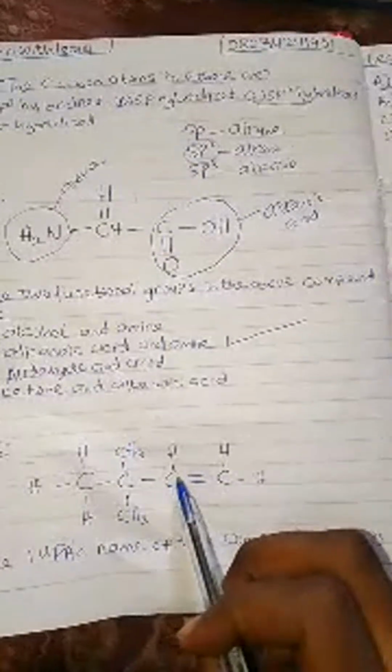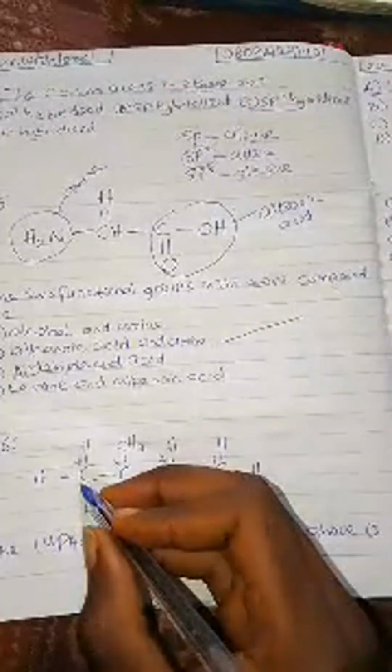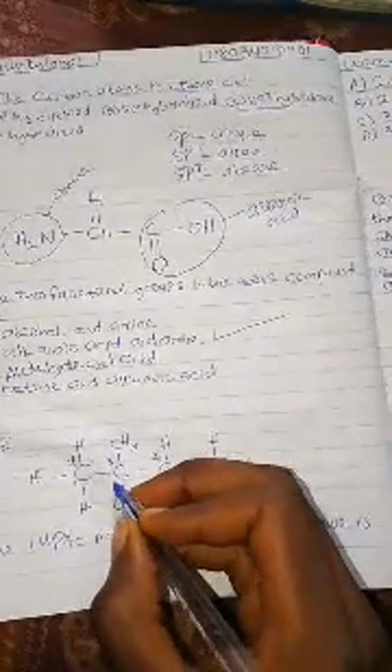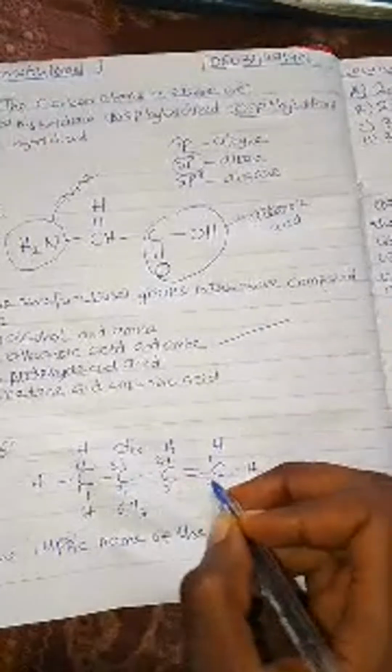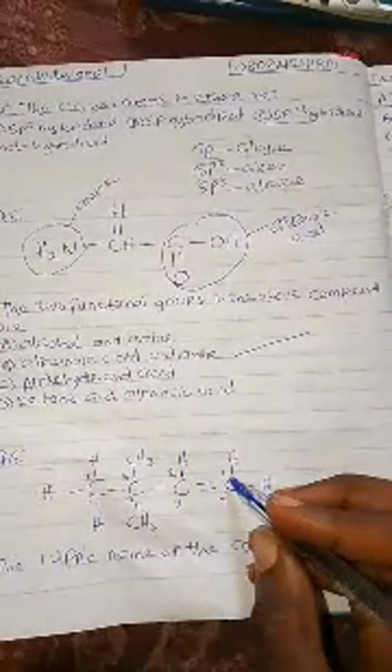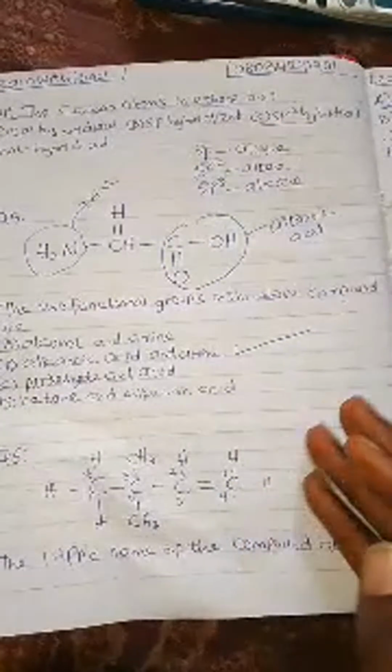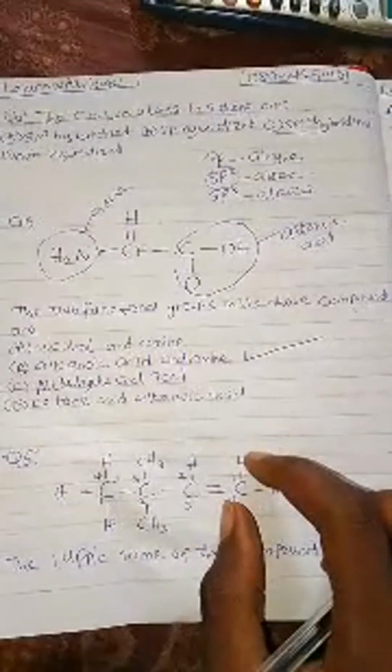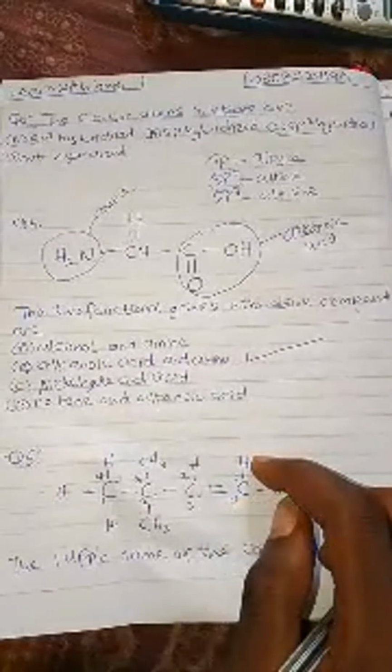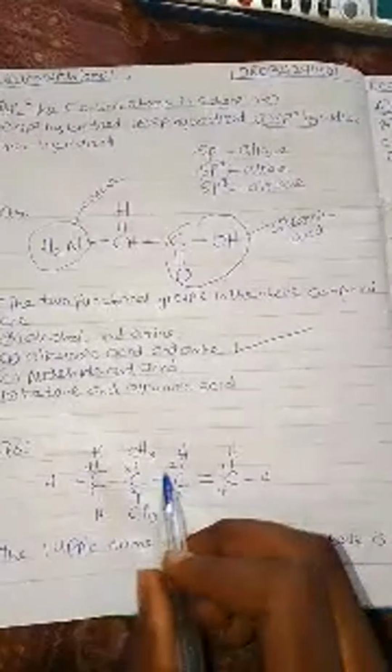So let's start counting from the right. 1, 2, 3, 4. Let's count back to the left. 1, 2, 3, 4. So we are going to go from the right to the left. The reason is because we can find the double bond attached to the last carbon. So 1, 2, 3, 4.